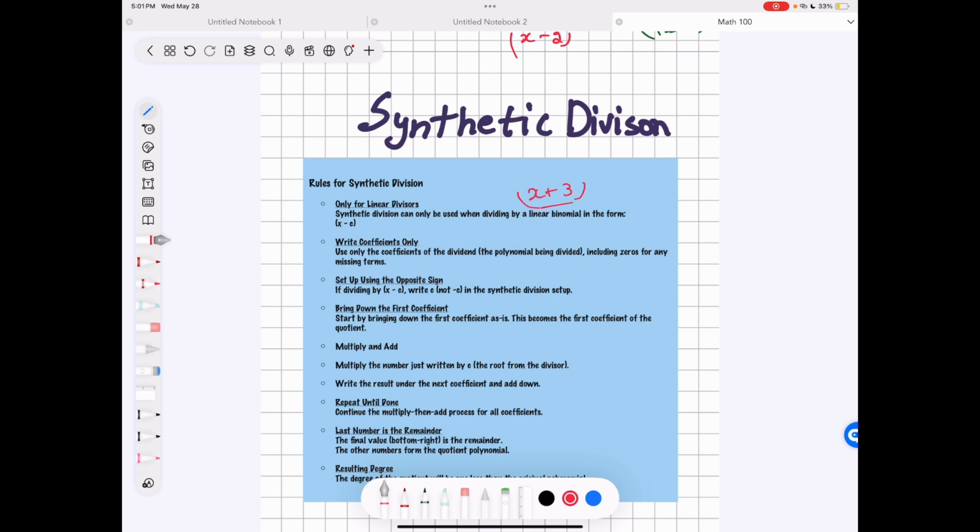This is a linear divisor. It cannot work with anything else. Synthetic division can only be divided by a linear binomial, in the form of x minus 3. It could be any number, but it has to be x minus a number.